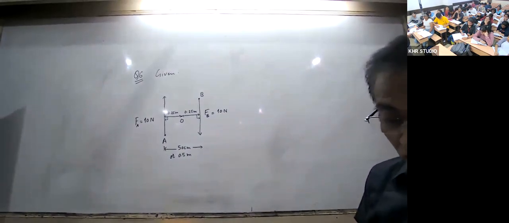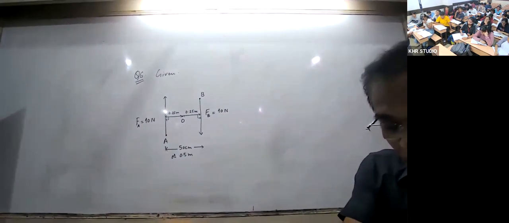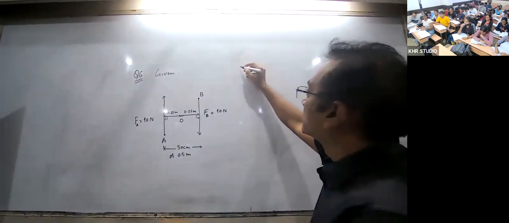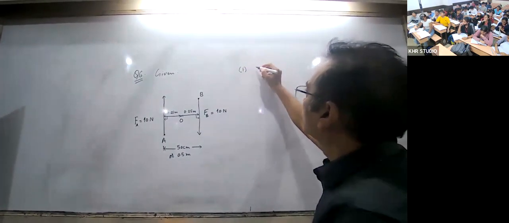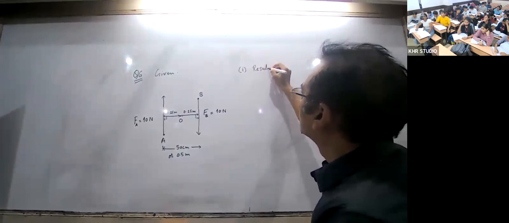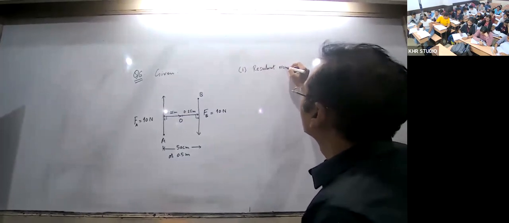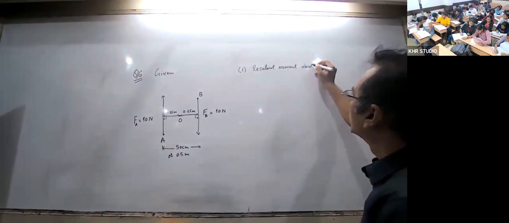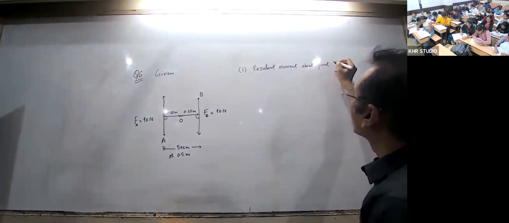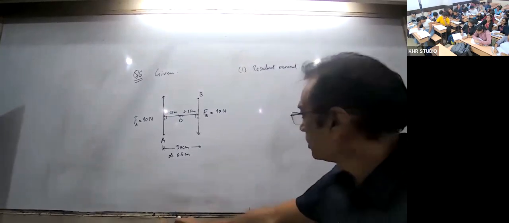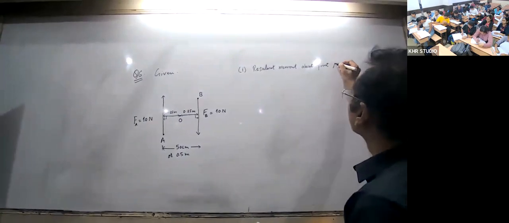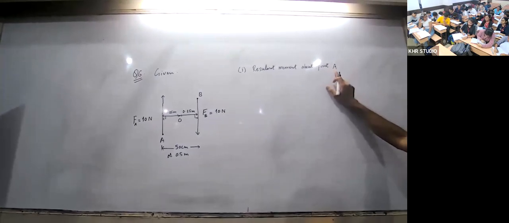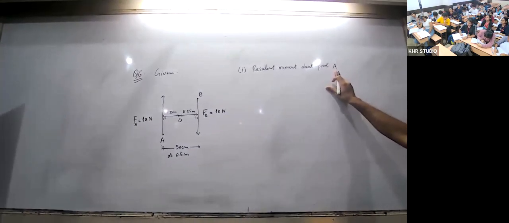Now, what is the first part? We have to calculate the resultant moment of the two forces about point A. So in case 1, you have to find the resultant moment about point A. What this means is, for the first case, what is the pivot?